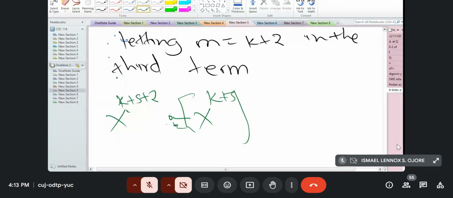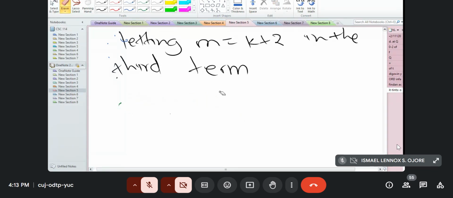So if we let this k plus 2 be equal to m, then it will mimic k plus s in some way, right? I hope you understand. So if you let m equal k plus 2 in the third term, then it means our k is equal to m minus 2.